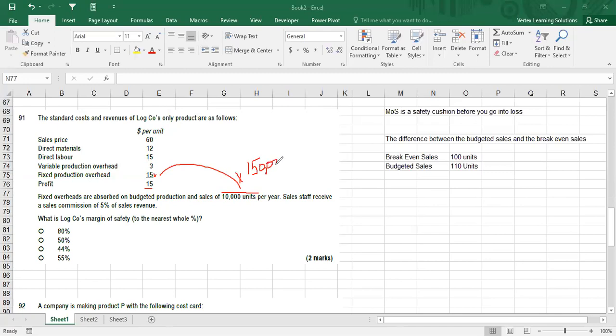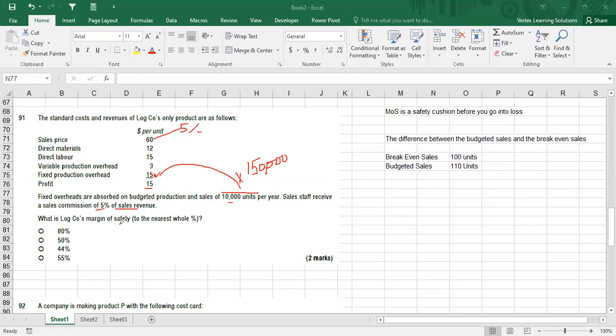I can understand this business. They have fixed overheads of 150,000, based on 10,000 units output, they put 15 per unit. If this output changes, this number will also change. Sales staff receive a sales commission of 5% of sales volume. They take 5% straight from here.